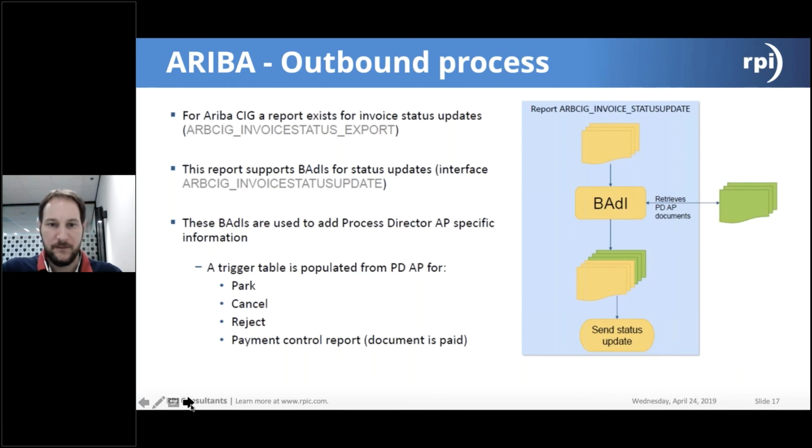The way the system works is that we can now utilize the standard Ariba status export from PDP. So if, for example, we post the document in PDP, or park or reject it, via this report we will be able to automatically update the status back in Ariba. So Ariba will have the right status based on the PDAP status.